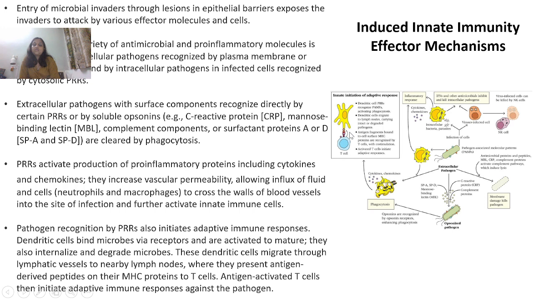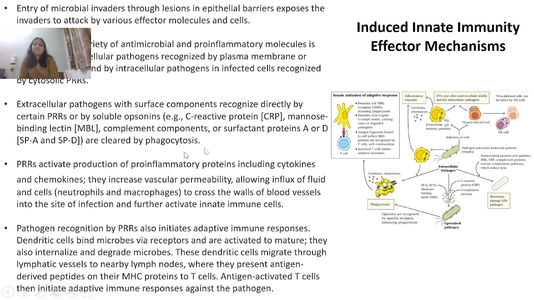Extracellular pathogens with surface components recognized directly by PRRs or by soluble opsonins like C-reactive protein, mannose binding lectin, complement components and surfactant proteins are all cleared by phagocytosis. So these are the different types of molecules. We will come to know about complements in the next class.